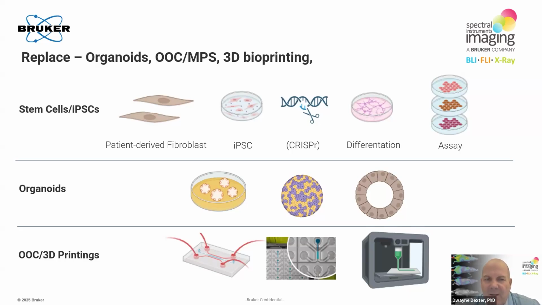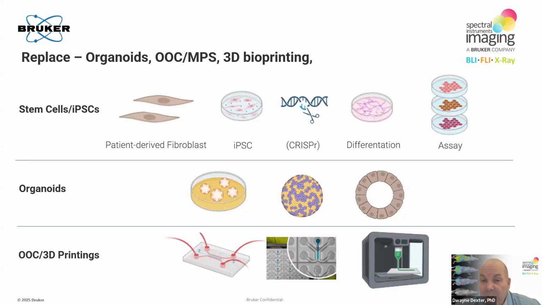So for instance, isolating fibroblasts from a Parkinson's patient, using iPSC technology to create iPSCs, then differentiate those into a variety of different neural subtypes. And then using cell culture methods, we can do long-term studies looking for development of Parkinson-like phenotypes and then potentially drug interventions.